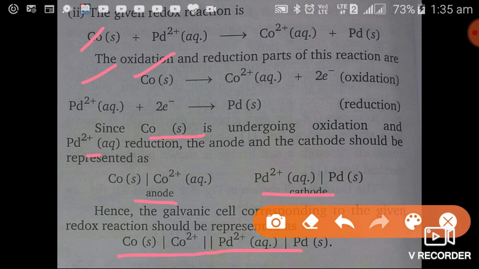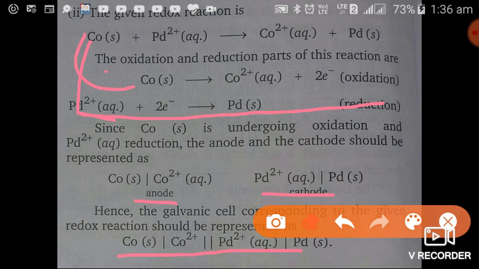Now, one more thing I want to add in this video. If we take this redox reaction, it is completely converted into half parts. Now these half parts can be converted again into the complete reaction.